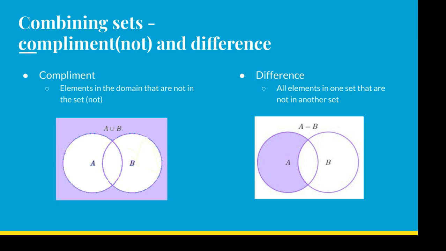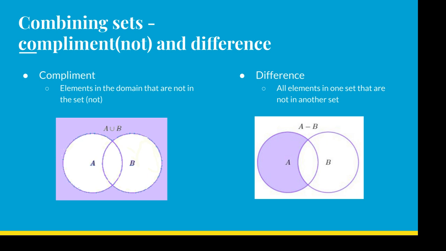The difference between two sets is order dependent. So if I say the difference between A and B, and I put the A first, then what I'm saying is all the things that are in A that are not also in B. And if I wrote this the other way, the difference between B and A with B written first, how would this diagram look different?